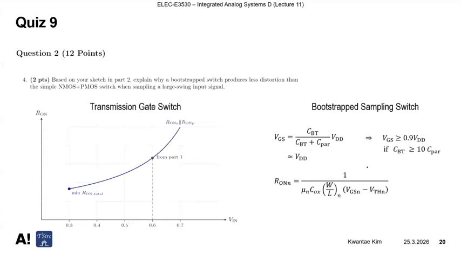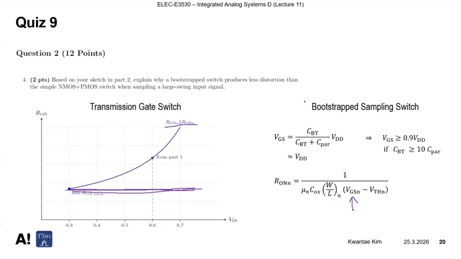However, in our transmission gate switch case, the on resistance can fluctuate according to input voltage changes. Of course, in a real case, you can try to match them by properly sizing the NMOS transistor and PMOS transistor, but its resistance value is still always higher than the bootstrapped sampling switch, because we are now driving VGS at the maximum value, which is VDD.